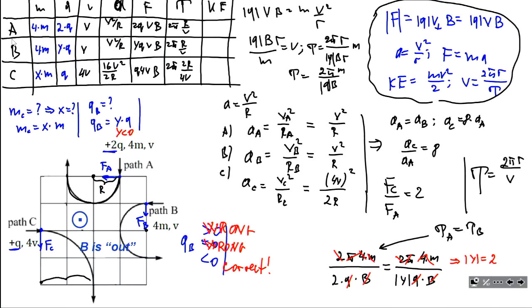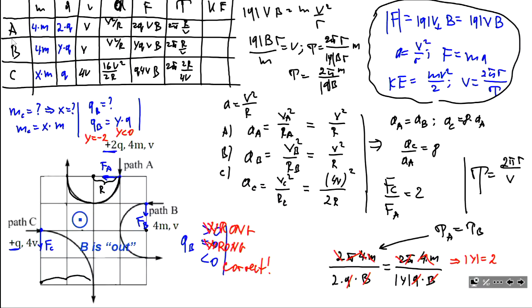We knew it from the picture. Same mass, same field, same charge. And the final answer is y equals -2, it has to be negative. The charge is negative.